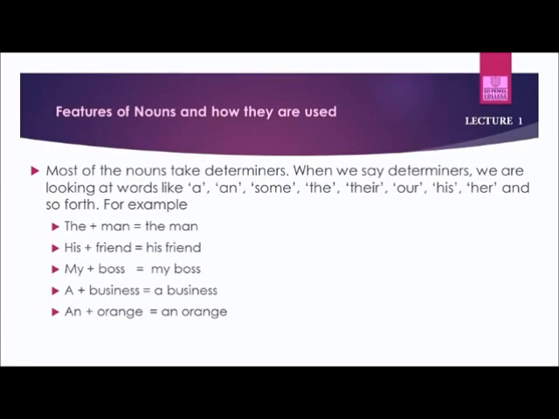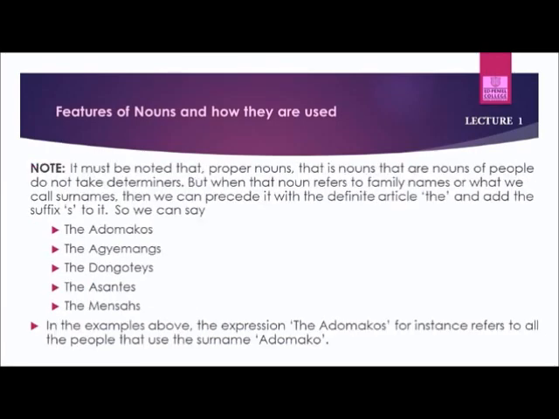You cannot do the same for other parts of speech. It is nouns that can take what we call determinants. But we must take note that proper nouns, normally names of human beings, in most cases do not take determinants. So you can't say the Kweku, you can't say the Bismarck, no. But in a case where that proper noun is a surname, the name of a particular family, what we call the family name, then you can bring the definite article the before the surname.